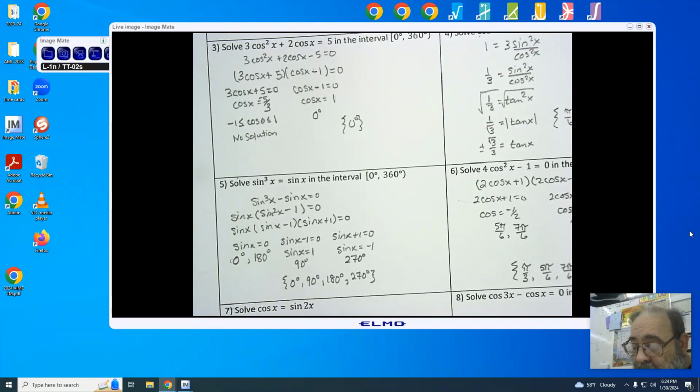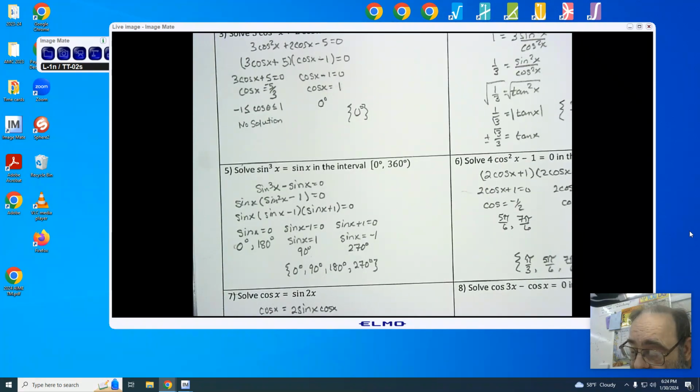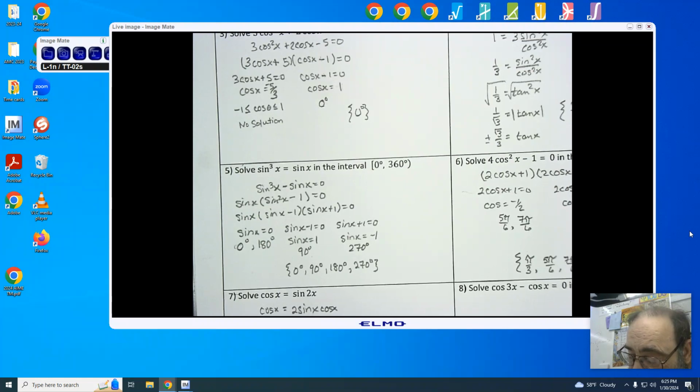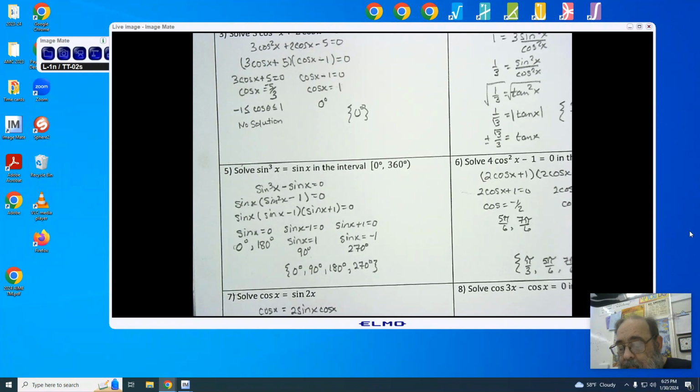Now, if I were just looking for a single answer, I would list my 30 degrees first, then follow by the 90 degrees, then follow up with the 150 degrees, and then finish with 270 degrees. Now, once again, this is just between 0 and 2 pi, or 0 degrees and 360.